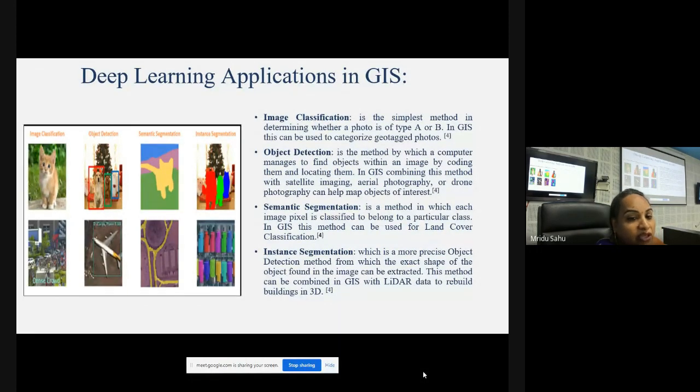Deep learning image classification is good if we have image data. Then you can take techniques from deep learning and apply it. Otherwise, simple machine learning, vector machine learning algorithms are sufficient if you have sensor data.